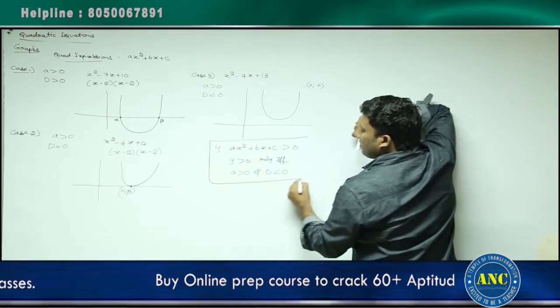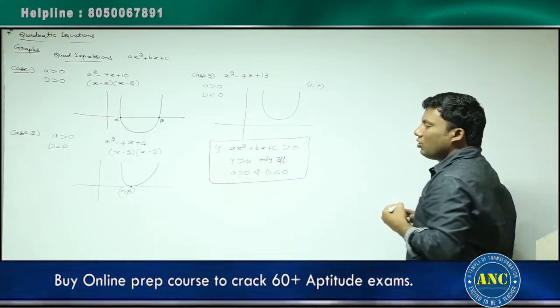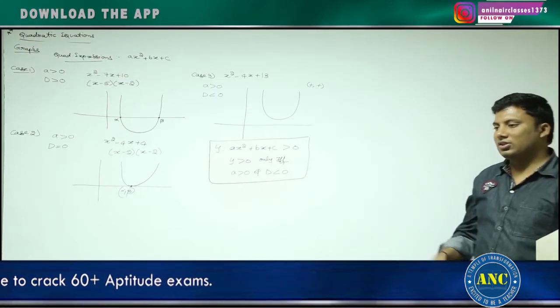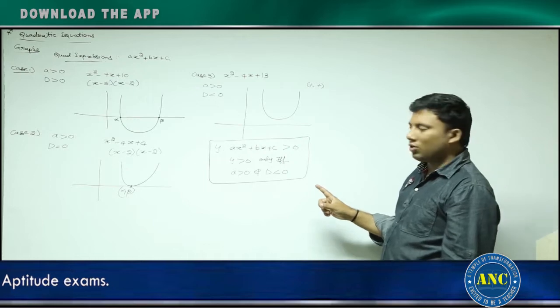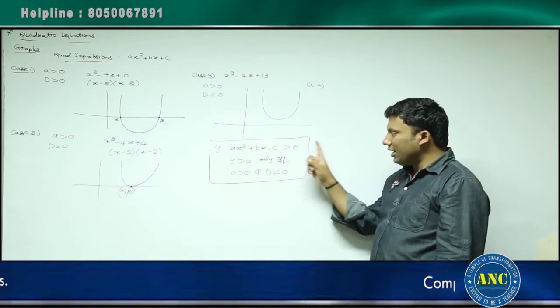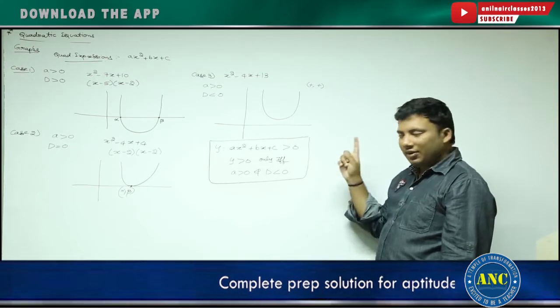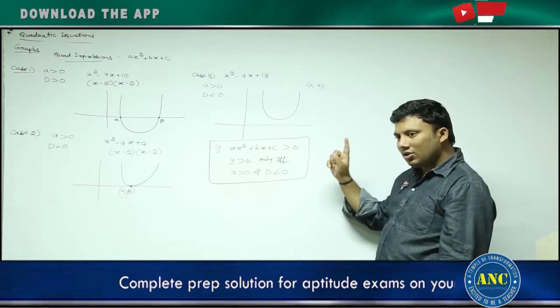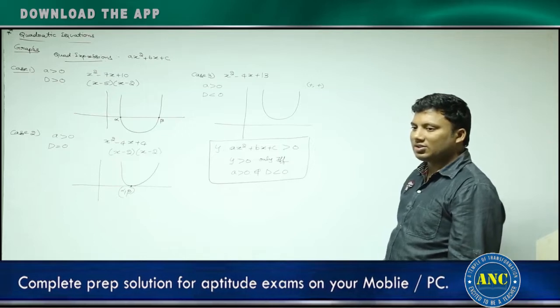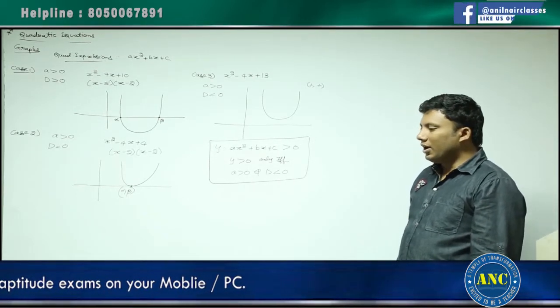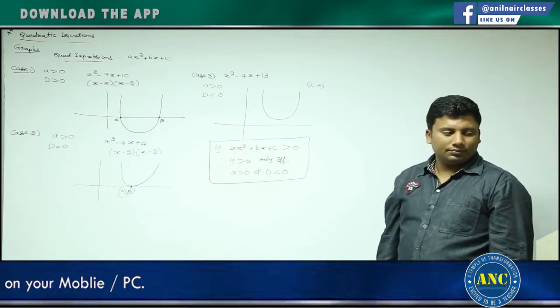A quadratic expression is greater than 0 only if A is greater than 0 and D is less than 0. Both the conditions must be true. If a quadratic expression is greater than 0, A will be greater than 0, D will be less than 0. If A greater than 0 and D less than 0, the quadratic expression will be greater than 0.